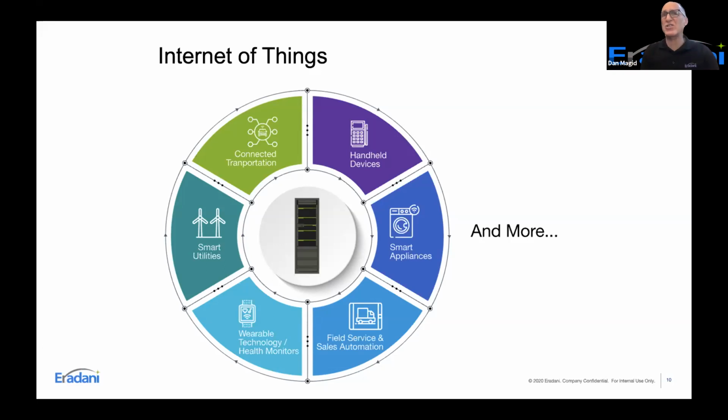And then connected transportation, where people want to get real-time information about where their shipment is on the road right at this time, or where it is on the ocean, or where it is in the air. They can get that information in real time coming from Internet of Things devices in the transportation carriers.